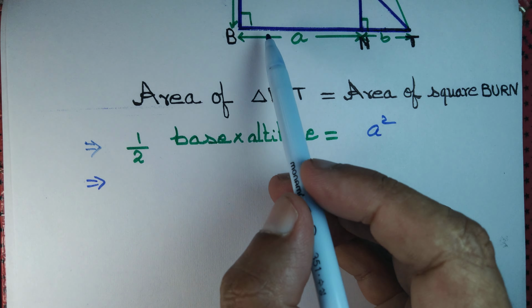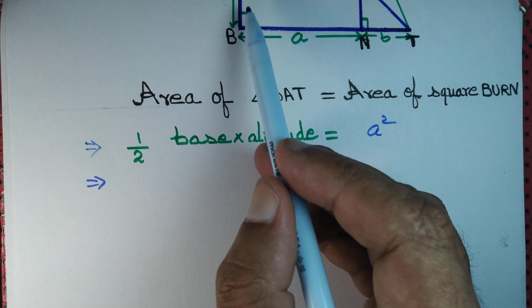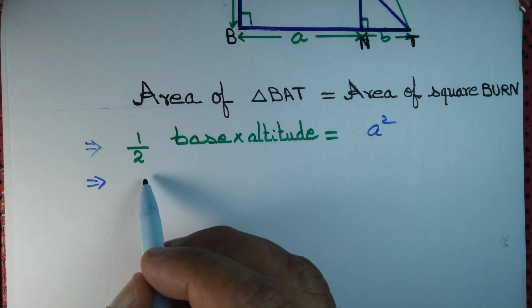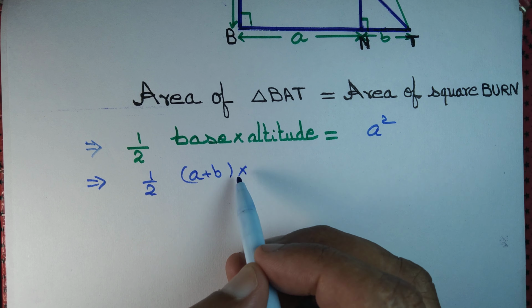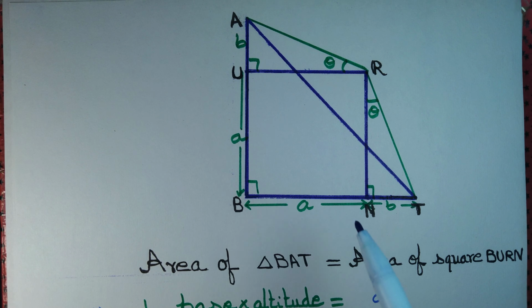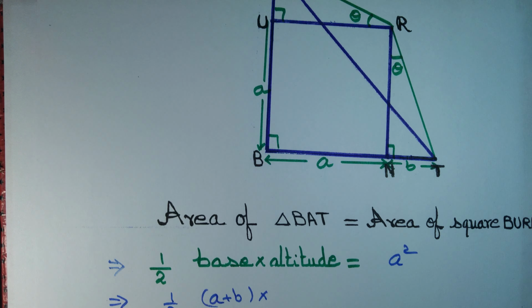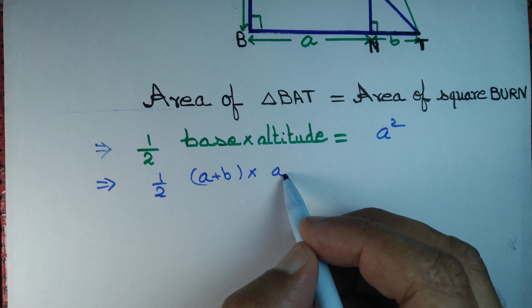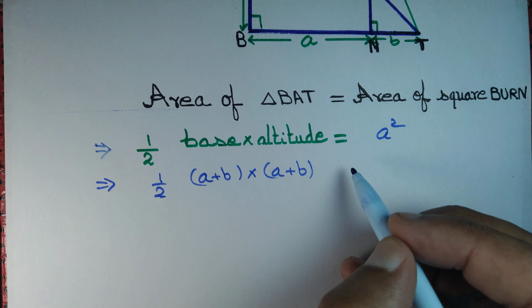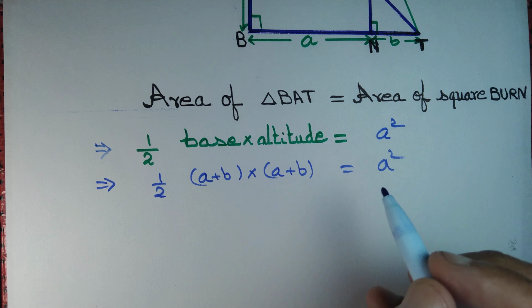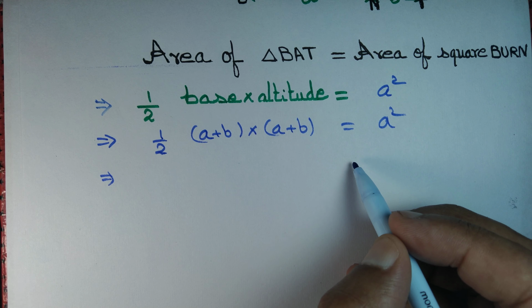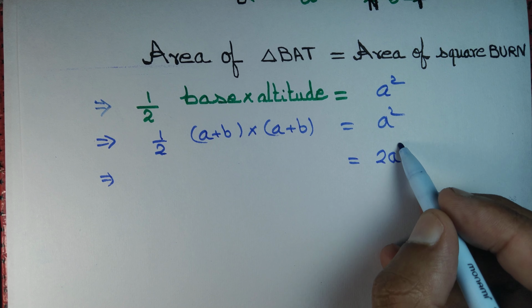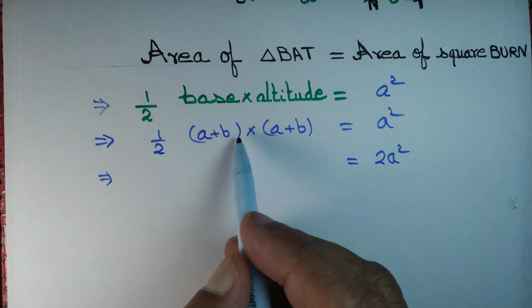Next, we know the base of the right angle triangle BAT to be equal to a plus b, so half a plus b into altitude. Altitude is also a plus b, equal to a square. Let us simplify this. Take 2 to the right hand side, so we will get 2a square, and the left hand side we got a plus b whole thing square.